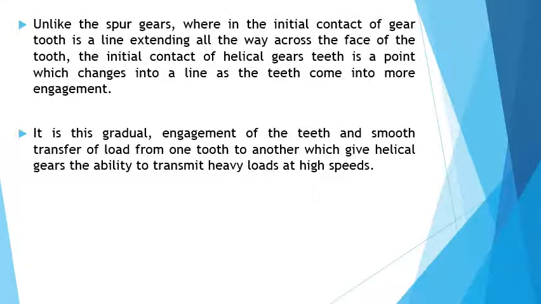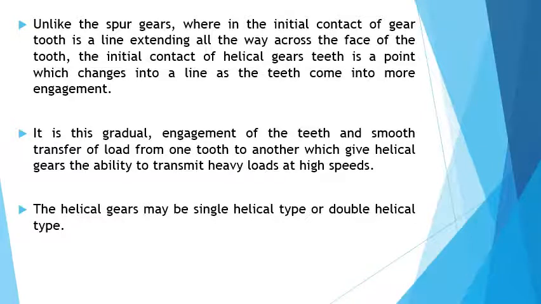So there is a gradual pickup of the load by the tooth in helical gears, which results in smooth engagement and quiet operation even at high speeds. So this gives helical gears the ability to transmit heavy loads at high speeds.